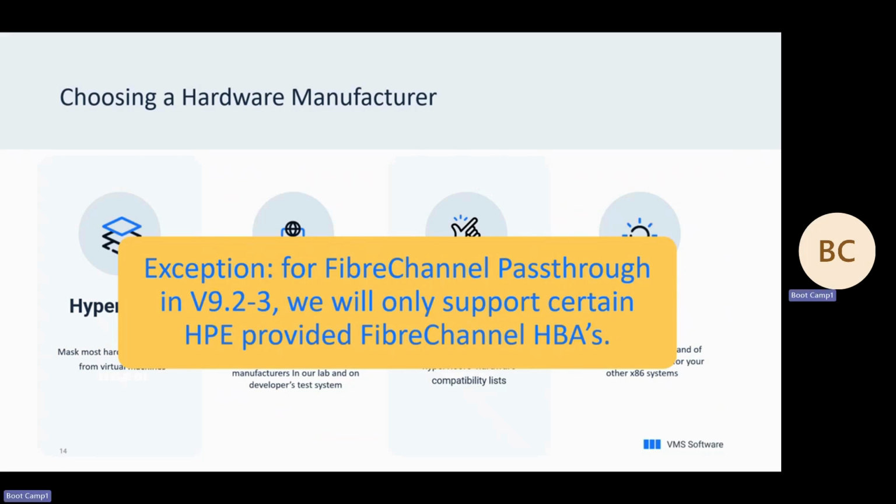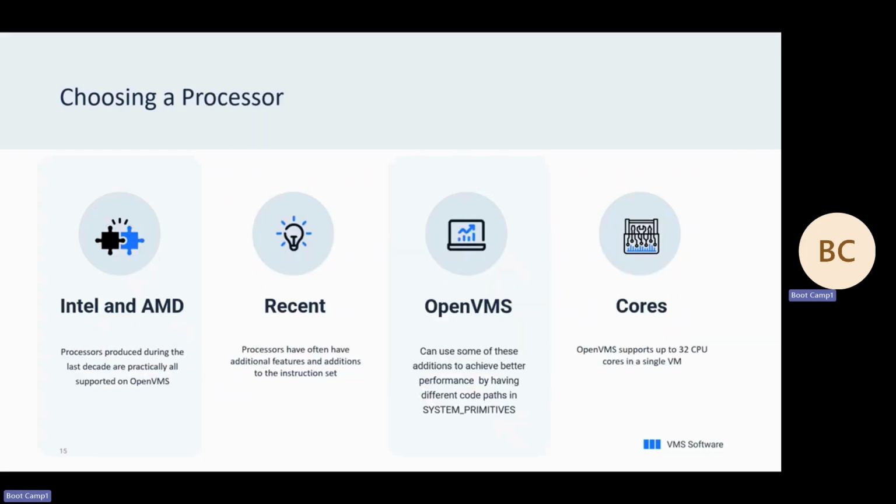Moving on, how do you choose a processor? Are you going to go with an Intel or with an AMD processor? Pretty much any Intel or AMD processor produced in the last decade is suitable to run OpenVMS on. We have a little Python script that you can run to see if it's got all the necessary features, but only the lowest of the low cost, like Pentium processors, are a question.